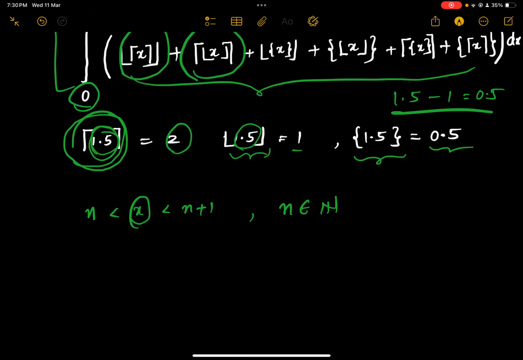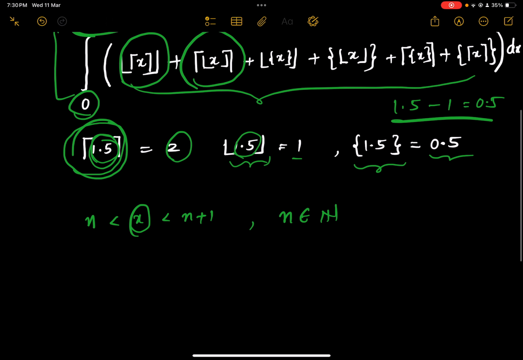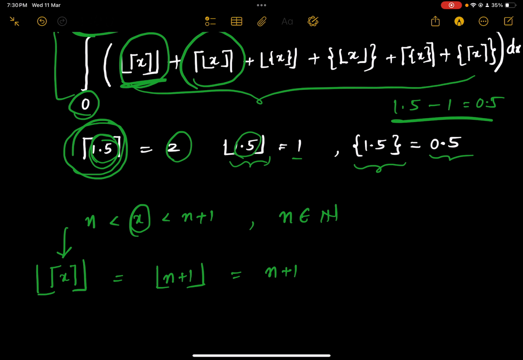So your x is a decimal, all right? In that case, let us analyze what happens to each of these terms. The first term is floor of ceiling of x. First you have to get the ceiling of x, and that will be n plus 1, and then you have to compute the floor of that, which is simply n plus 1.